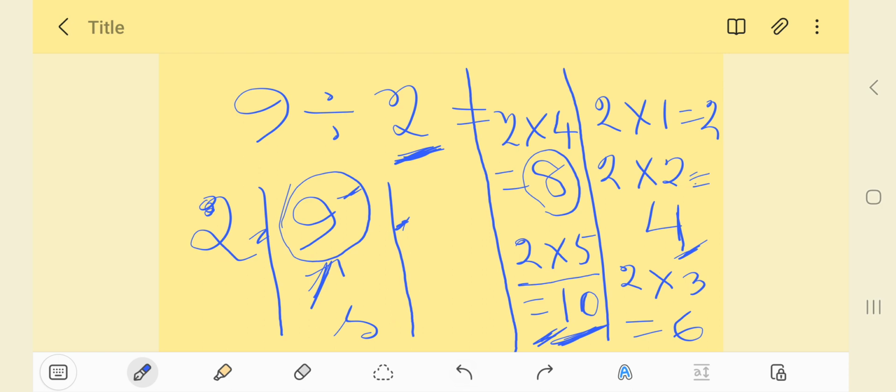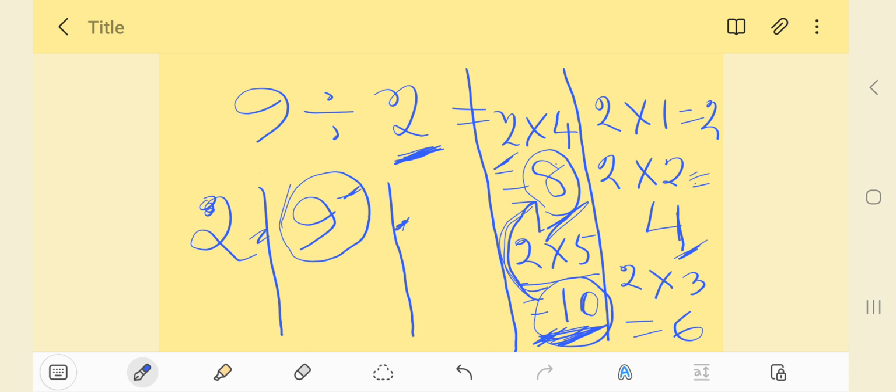So we found here the smaller number. As we are not going with 10, we go to the previous one, which is 8. 8 is smaller than 9. So how did we get 8?